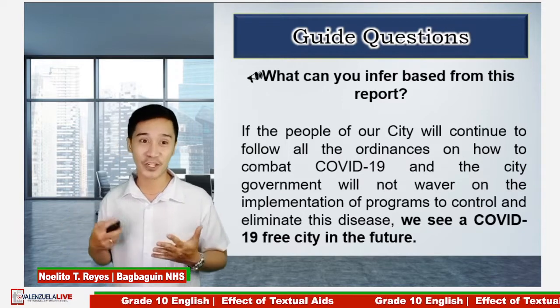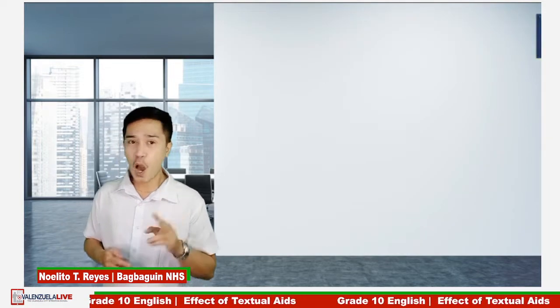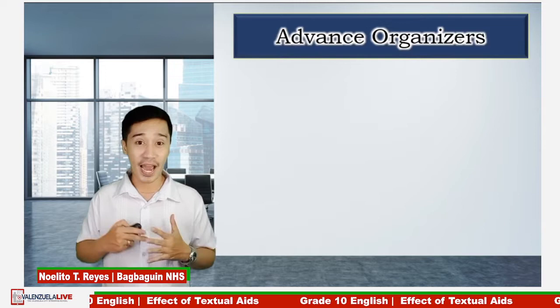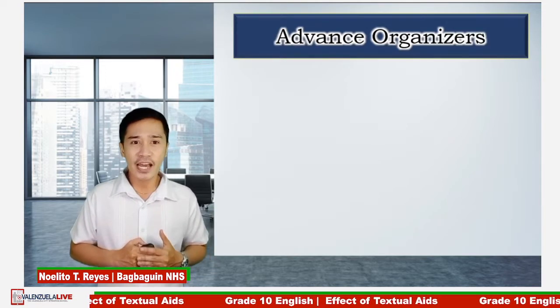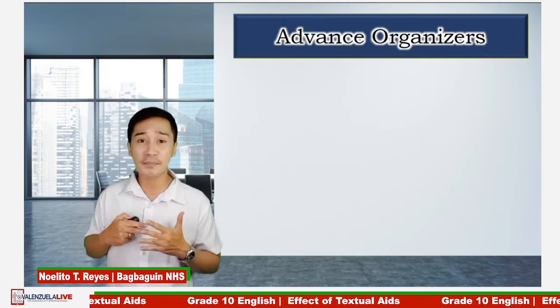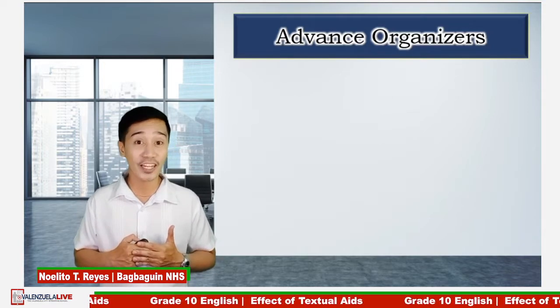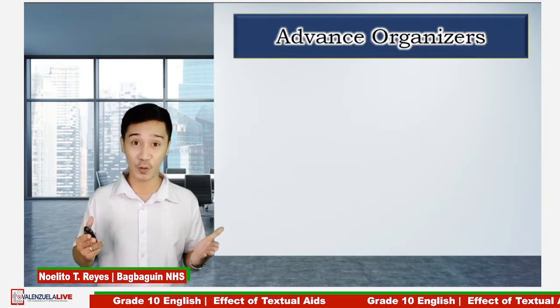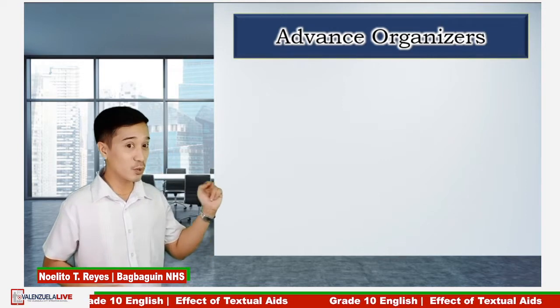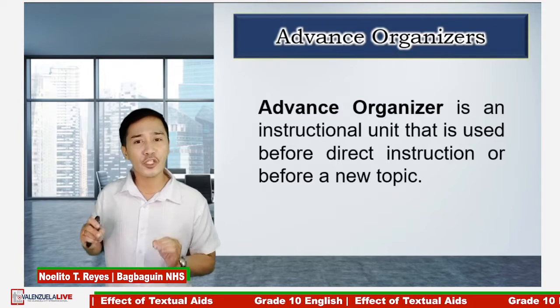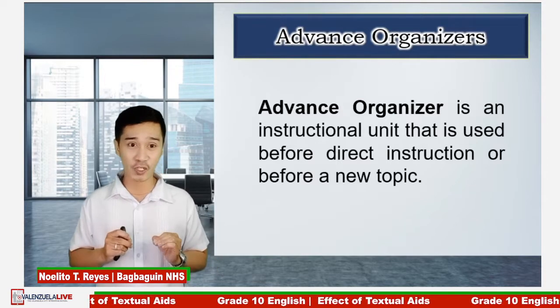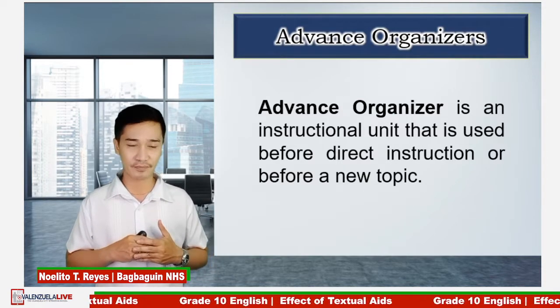Let's move forward. Lesson 2, which was discussed by Ma'am Eileen, focuses on the advanced organizers that we can utilize to help us manage our ideas to avoid information overload. Advanced organizer is an instructional unit that is used before direct instruction or before a new topic.